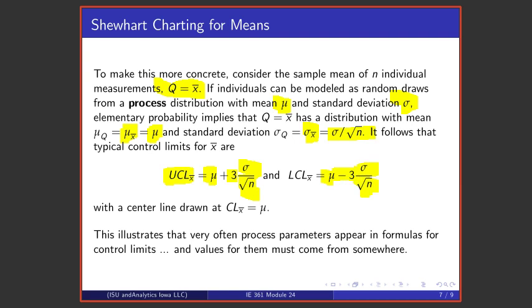That calculation illustrates that very often process parameters, numbers that describe a data generating mechanism, appear in formulas for control limits, and values for them have to come from somewhere.